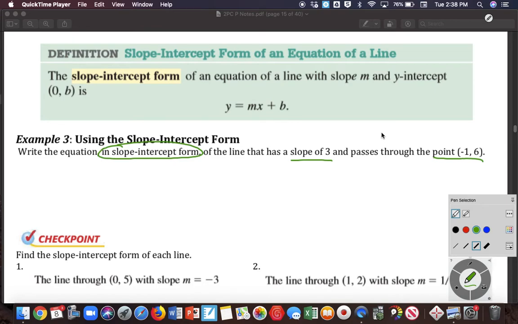So we have the slope and the point, so we'll start with point slope form.